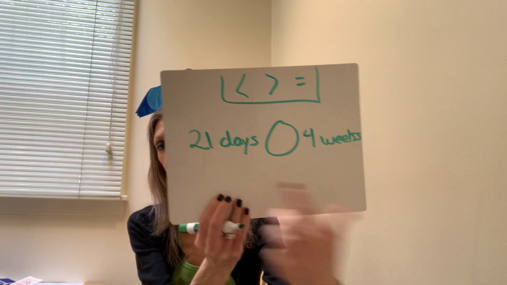Okay, so let's go. Let's say I have 21 days and I have 4 weeks. 21 days and 4 weeks.